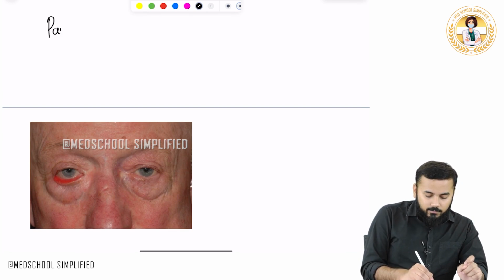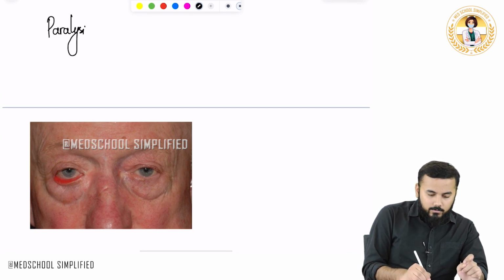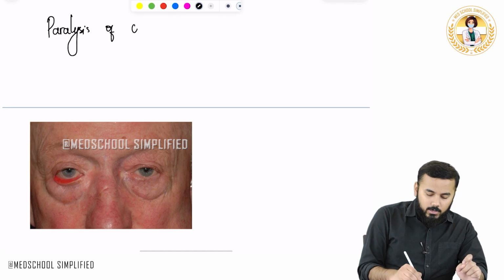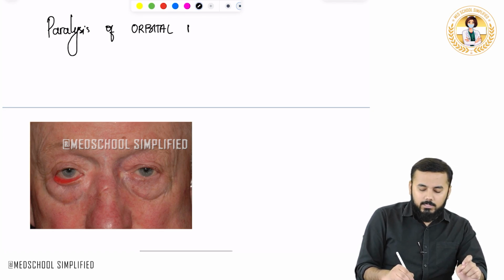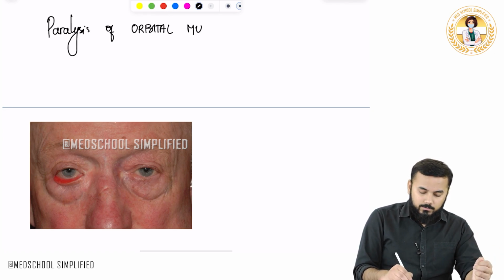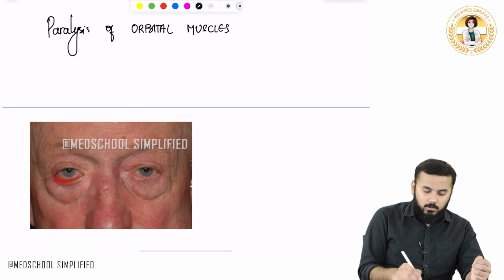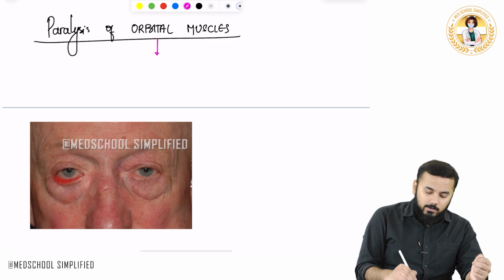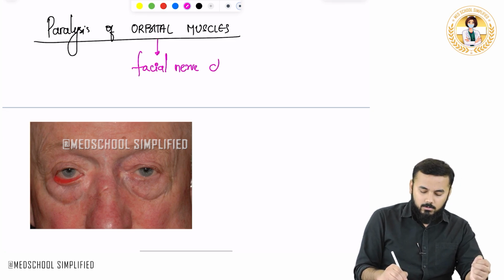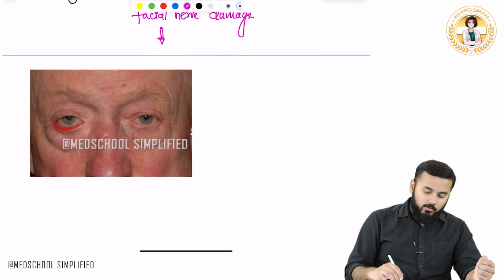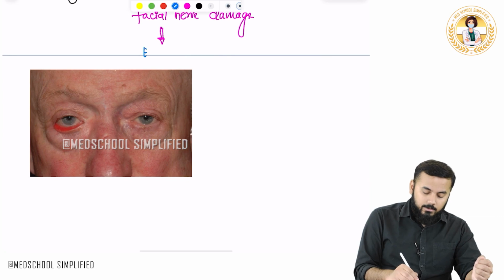For example, if there is paralysis of your orbital muscles. Orbital muscles means the two muscles which we discussed. Why? Because of facial nerve damage. Because of facial nerve damage, then what will happen? The eyes cannot shut.